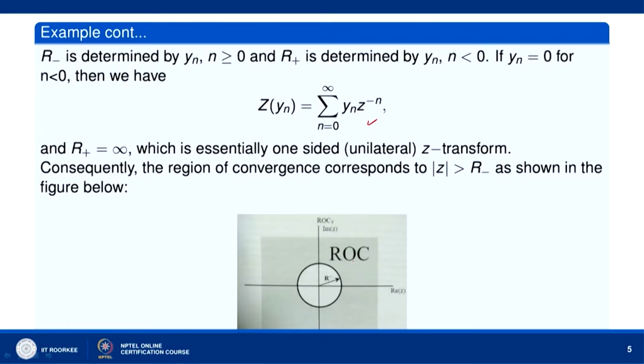So, the region of convergence is outside of the circular disc with center at origin and radius mod of A, which is actually the one sided Z transform.